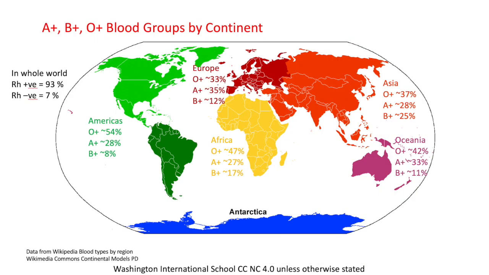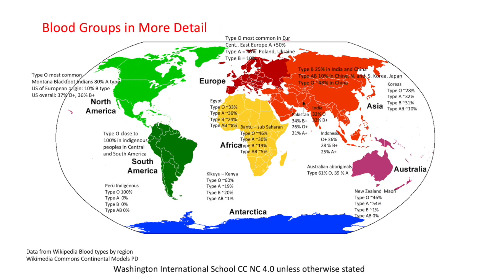Then we can look at the blood groups by continent. These are just O+, A+, and B+, without the negative blood groups in there. Pause to look at the differences, and can you think of any reasons why they're different at all? Difficult question, that one.